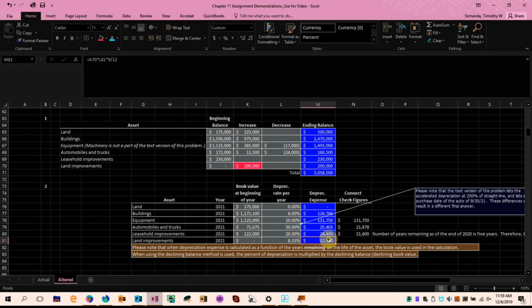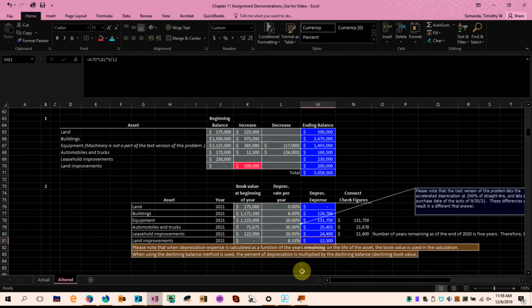So we can depreciate on a straight line basis for 9 months. So 200,000 altered data times 1/12, or 8.33%, times the remaining of the year that we can depreciate, which is 9 months, or 9/12. And you wind up with my altered data answer of 12,500.